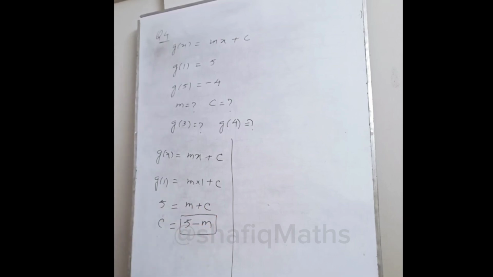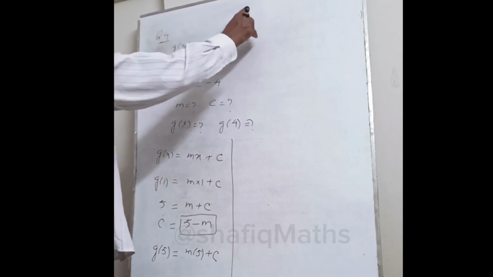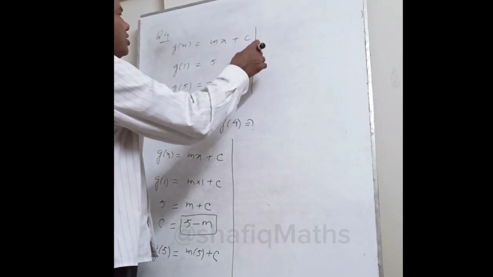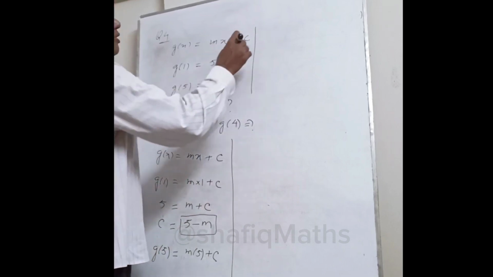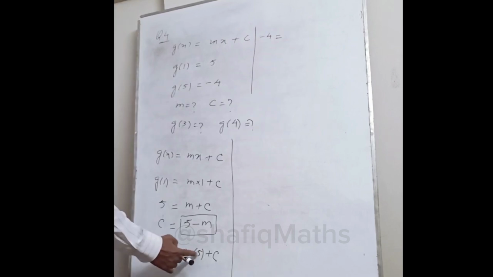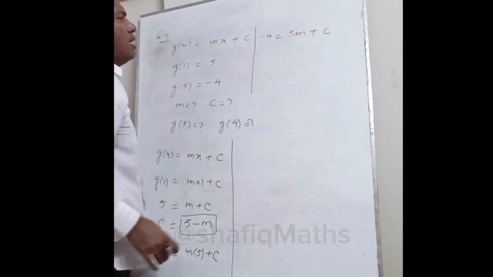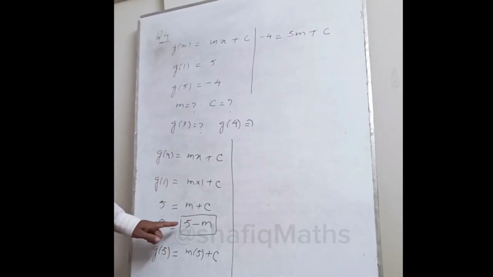After this, we are substituting the value 5 in place of x. So g(5) = 5m + c. And now g(5) is −4, so we write −4 = 5m + c. In place of c, we are writing the value 5 − m here.